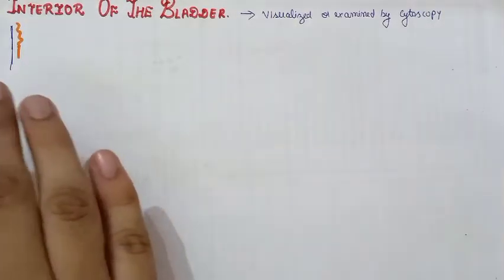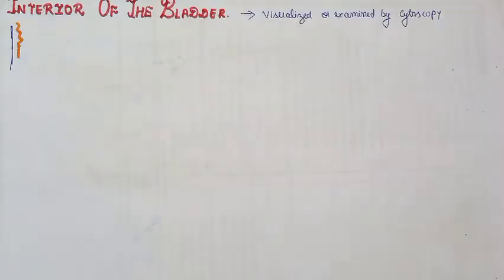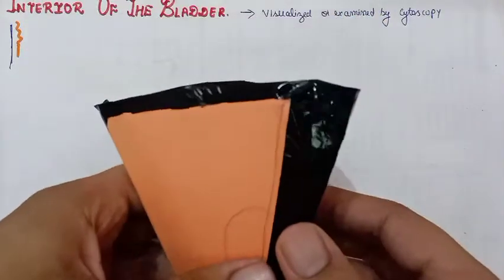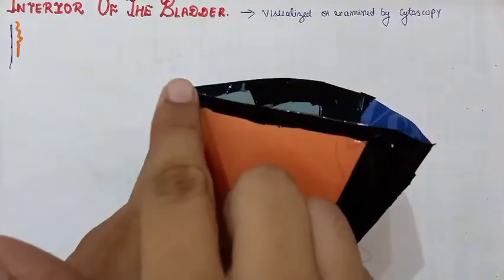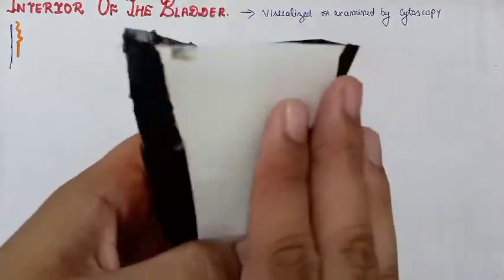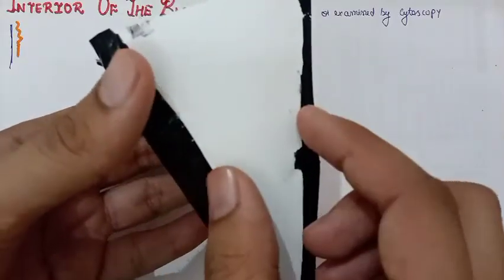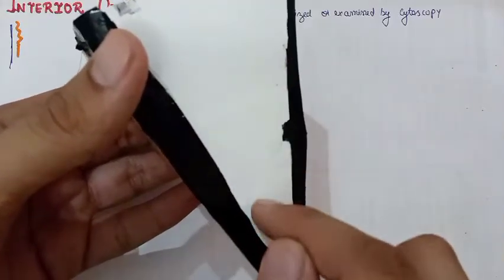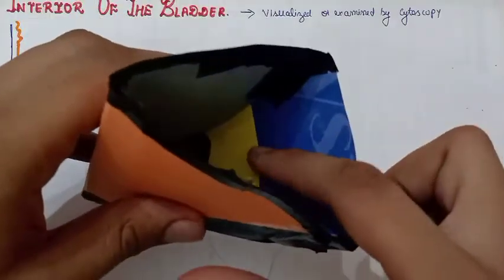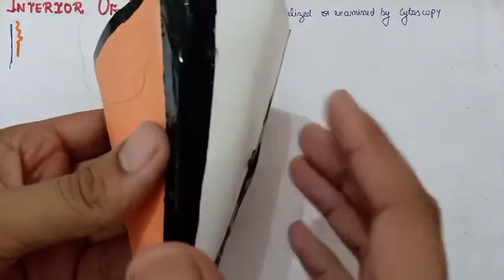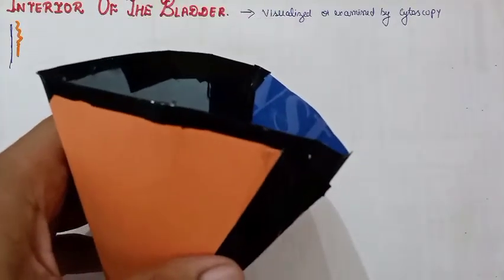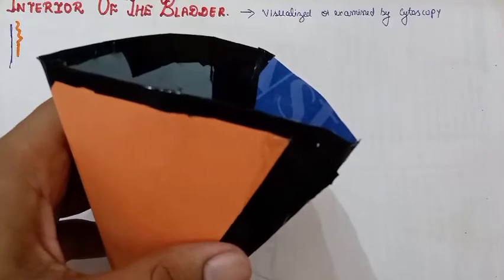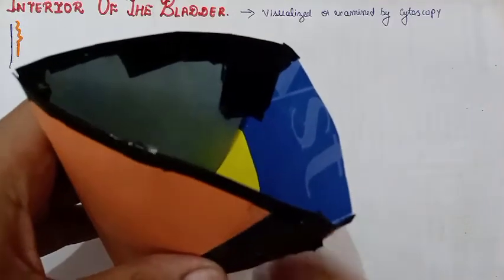So let's see how you can visualize this fact. Suppose this is the bladder, where the pointed anterior end is the apex, and this is the base. In the lower part of the base, on the interior aspect, there is a triangular region where the mucosal fold is firmly adherent to the muscular coat.